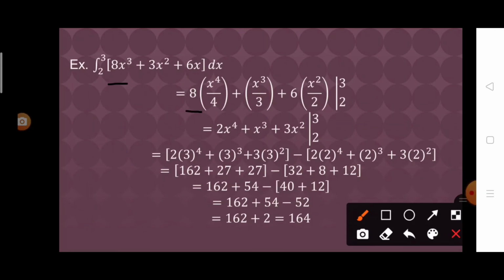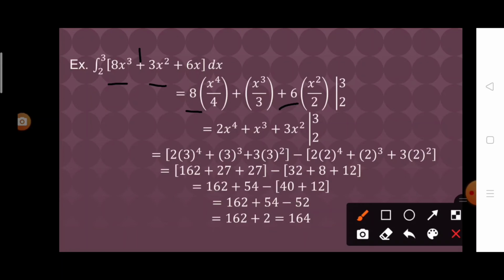So we have 8 times the quantity of x raised to 4, because 3 plus 1 is 4, so we have x to the 4 over 4, plus 3 times x cubed over 3, plus 6, which is a constant, times the quantity of x squared over 2, evaluated from 2 to 3.